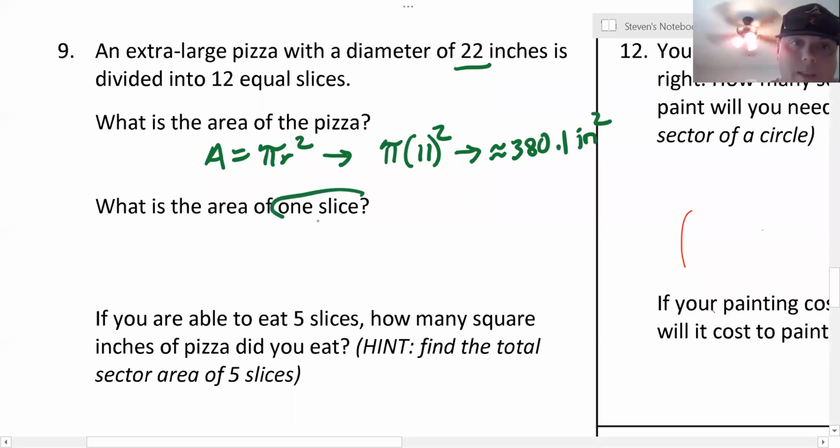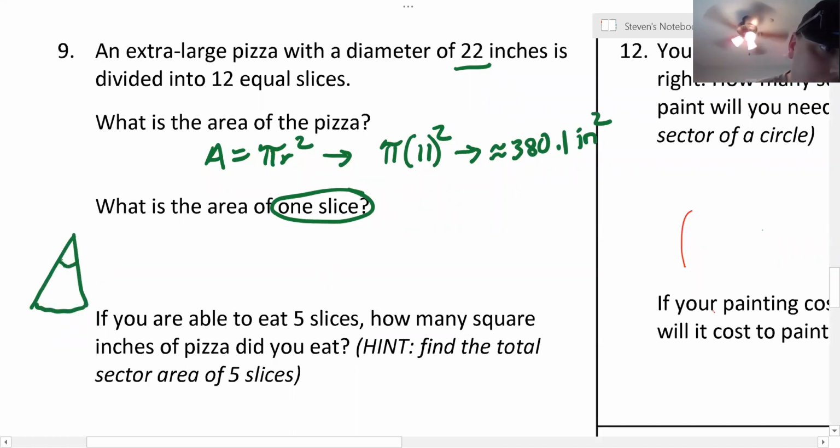Now the one slice is where that 30 degrees comes in, because imagine one of those slices of the pizza. That angle in the center is going to be 30 degrees, because you have 12 equal slices, and 360 divided by 12 is 30. So I'm going to do the same thing, pi r squared, but multiply it by theta over 360.